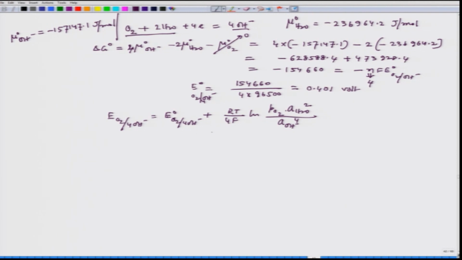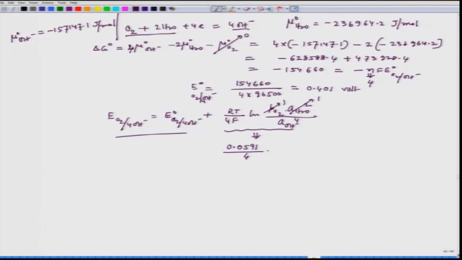So, this we can simplify. If we simplify this part only, this part becomes 0.0591 by 4. So, this is 1, we keep it 1, and when the activity of OH minus is also 1, then this becomes this. The potential of the half cell becomes the standard reduction potential.